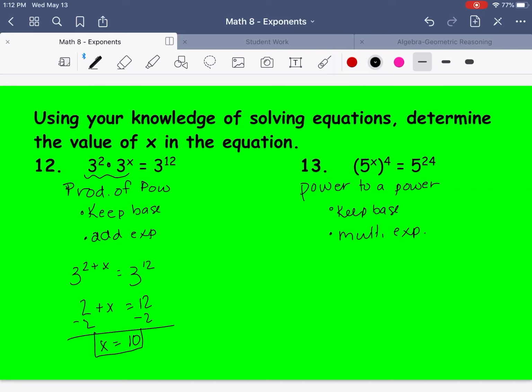So we have 5 to the x, raised to the 4th, equals 5 to the power of 24. So what times 4 equals 24? Well, we can do 4x, because that's the same as 4 times x, equals 24. Divide by 4 on both sides. And our solution is x equals 6.